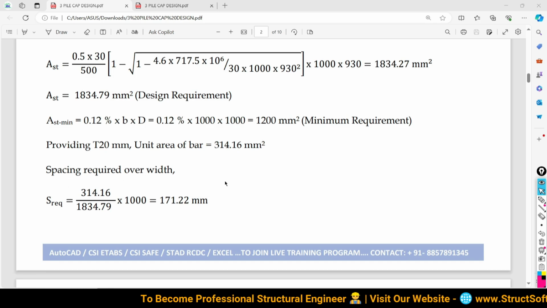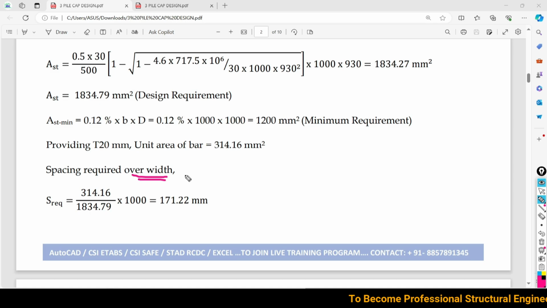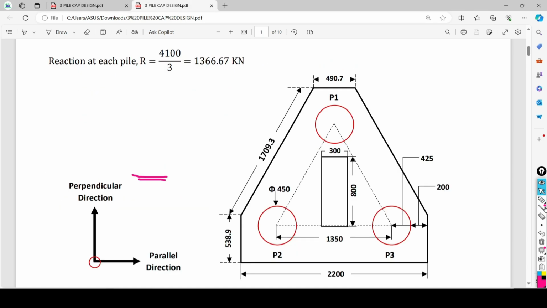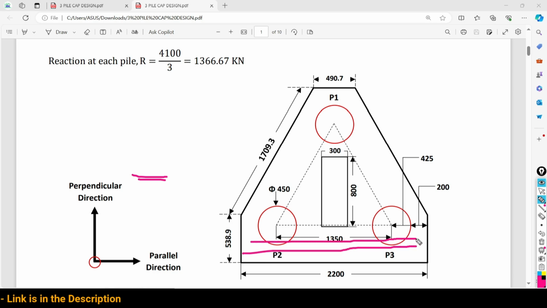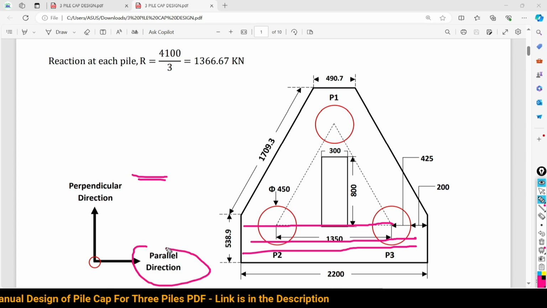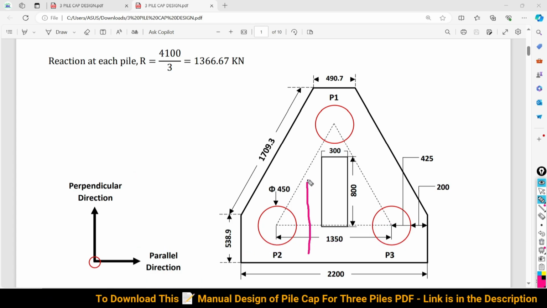Now the spacing required to be provided is over the width, or you can say the perpendicular direction, because the provision of the reinforcement will be along this direction. We are doing the calculation along the parallel direction, but the calculated reinforcement distribution will be along this width.